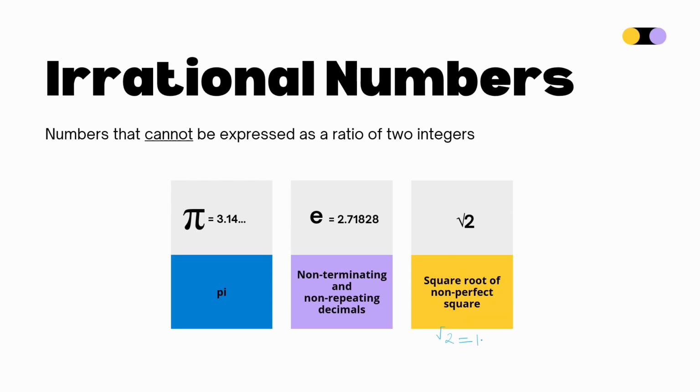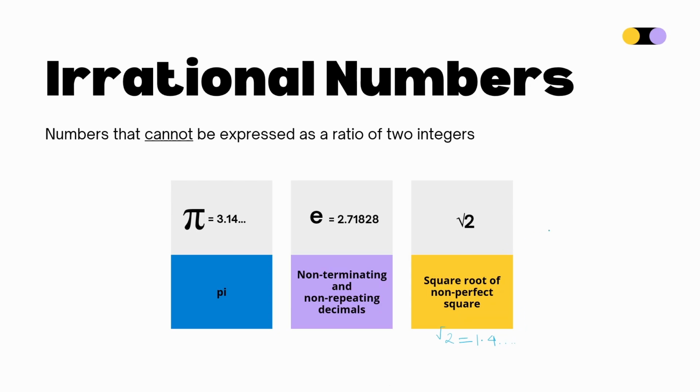If we evaluate the value of root 2, we will find 1.4 something, and it goes on with a non-repeating value, and it cannot be expressed as a fractional ratio or a ratio of two integers. That's why root 2 is an irrational number.